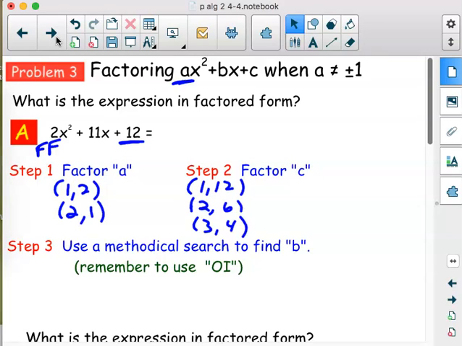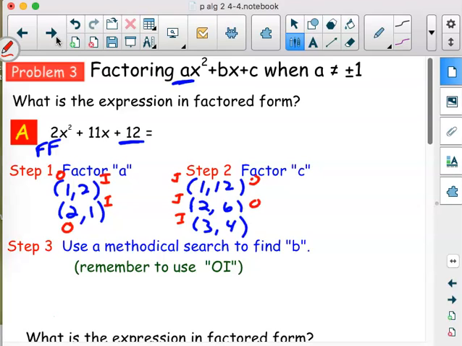So here's what I do. I realize these are going to be my outside numbers, and these two will be my insides. And again, these will be my outsides. And what I have to do is check them until I find the combination that somehow adds to 11.